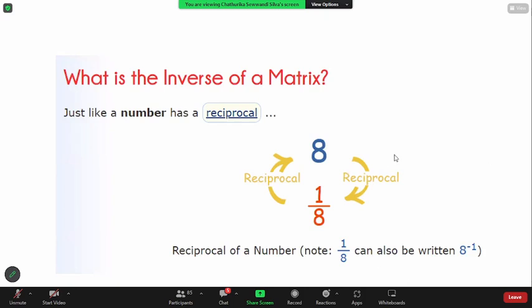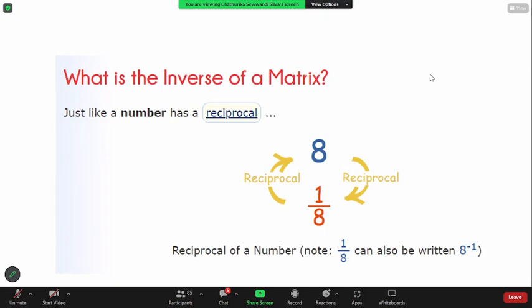So for a number, we know that a matrix is a collection of numbers. But if we consider one single number, normally we are not defining something called inverse, but instead we define something called reciprocal.